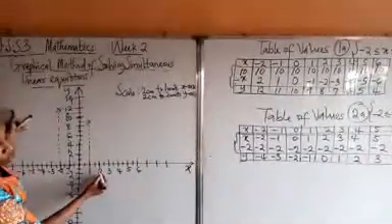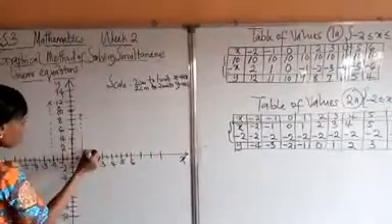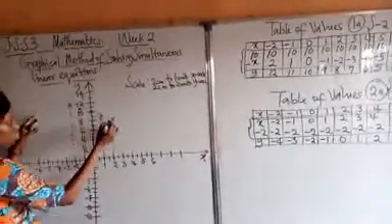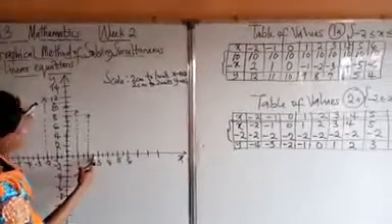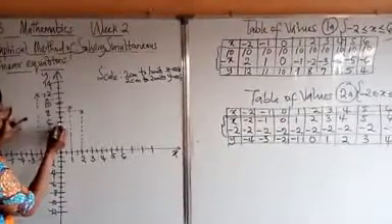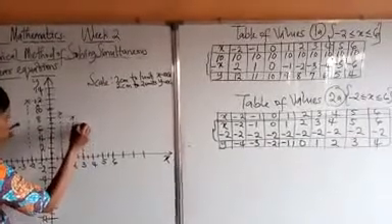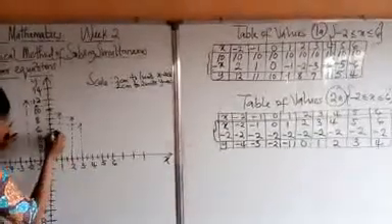When x is 2, y is 8. This is my 8. All these dots I'm doing, in your graph you don't do dots, your graph has lines already. When x is 3, y is 7, between 6 and 8. When x is 4, y is 6.